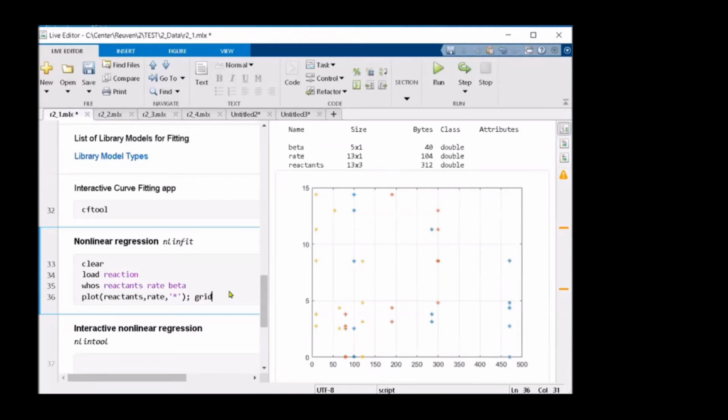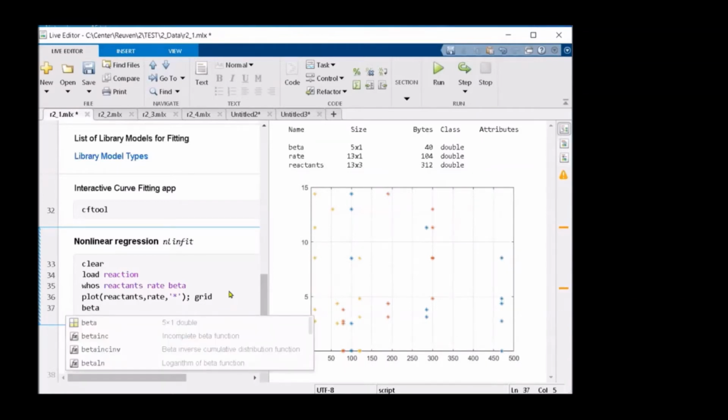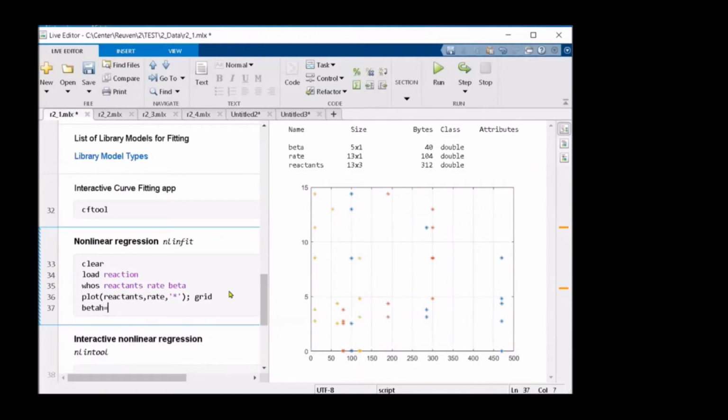Let's do this estimation, a non-linear fitting estimation of this complicated model from a chemistry example. We will estimate our model structure, beta H, as non-linear fit.